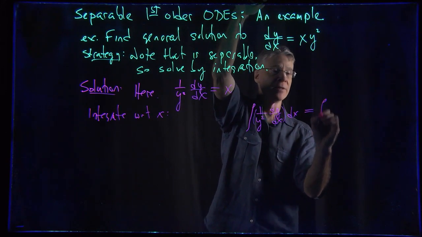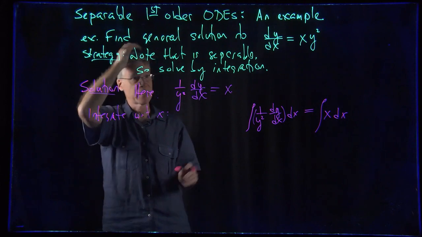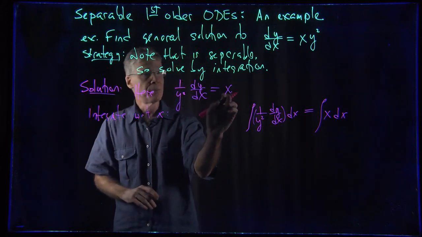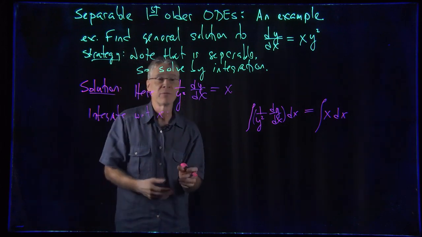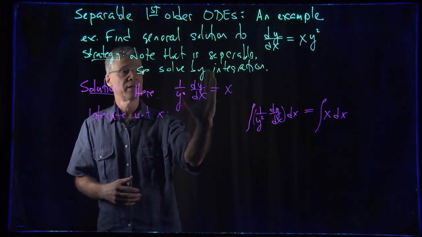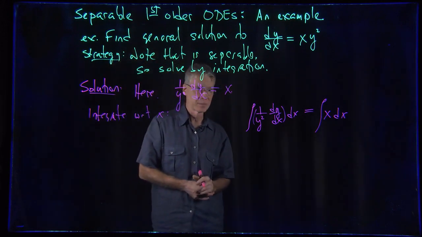And on this side, it's the antiderivative of x with respect to x. The reason we do this is because both of these are functions of x. y is a function of x that we're looking for, its derivative is a function of x, so the entire product is a function of x. And the right-hand side is obviously a function of x.